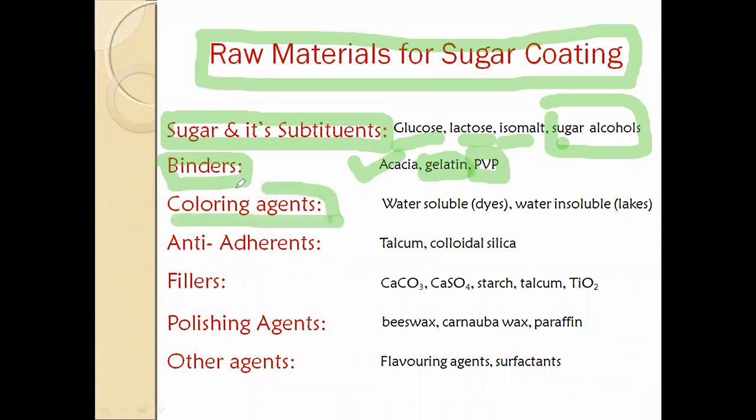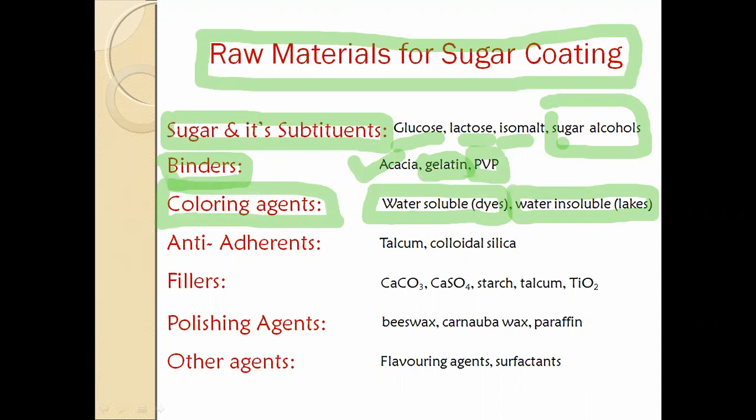then coloring agents which are used include water soluble dyes and water insoluble lakes. Keep this in your mind, students, very clearly: dyes are water soluble and lakes are water insoluble.